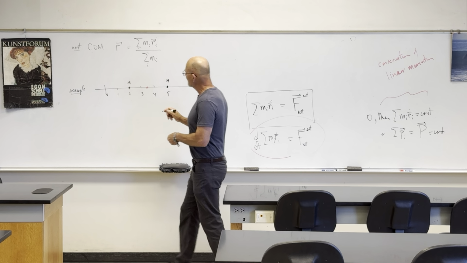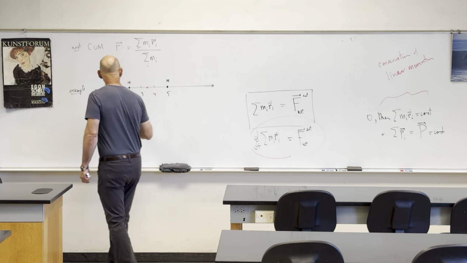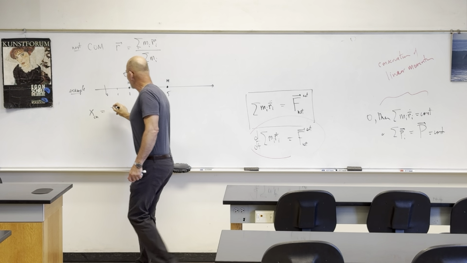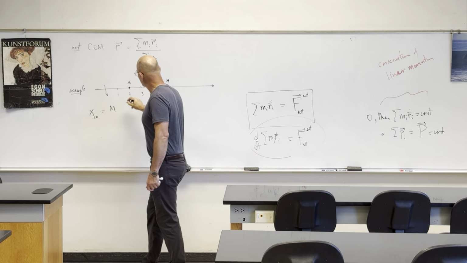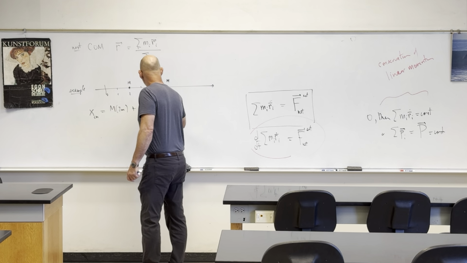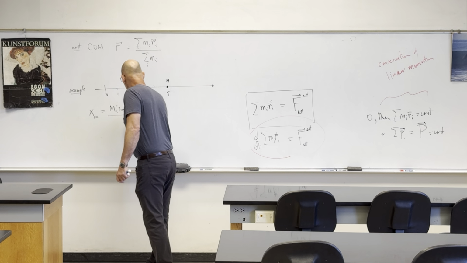If we're going to calculate x center of mass, according to this formula, we'll just take the x components. We would have m times 2 meters plus m times 5 meters divided by m plus m.